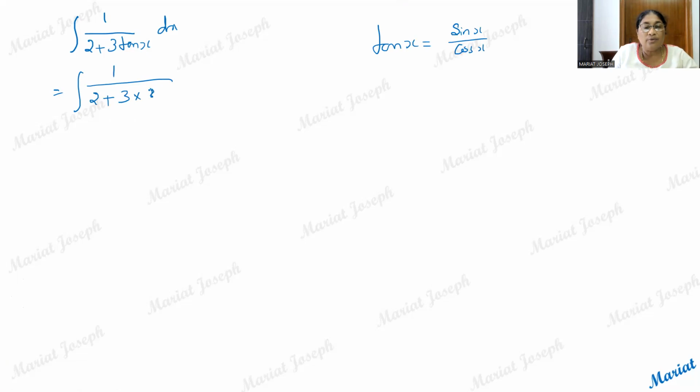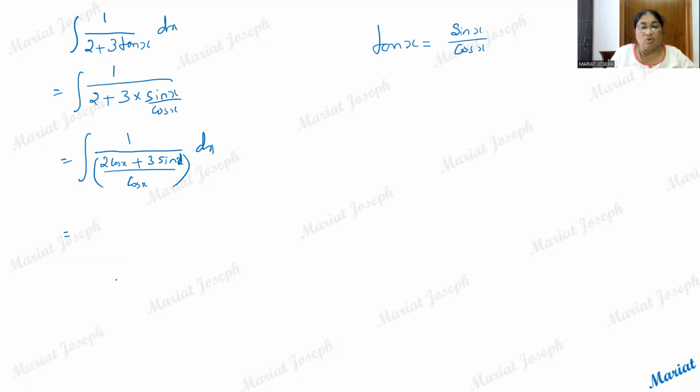So 3 into sin x upon cos x. Now you take the LCM. What is going to be the LCM? We are doing everything in the denominator. Cos x is the denominator. So 2 cos x plus 3 sin x dx. This whole thing is the denominator.